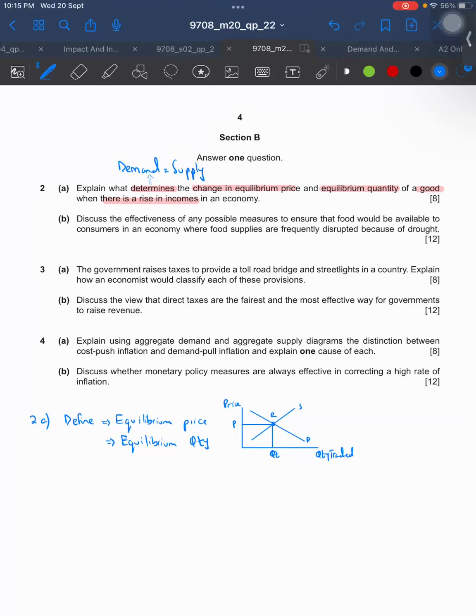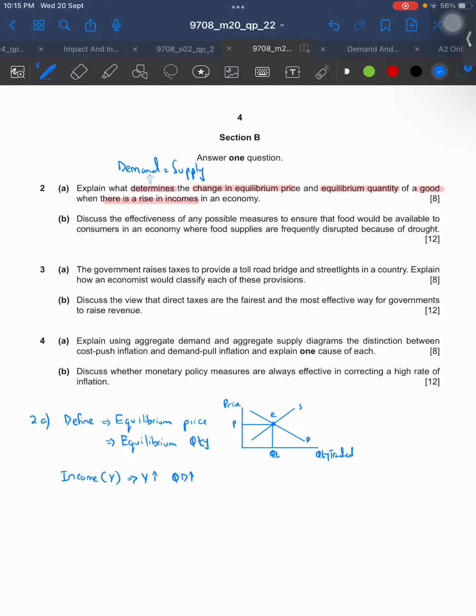So now moving forward, first of all, you're going to write down here the term income, also known as Y, right? Now, identifying and explaining the effect of incomes. When there is an increase in incomes, this will result in a rise in the quantity demanded of goods and services.